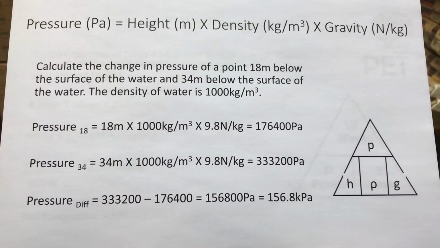That I think is one of the hardest questions that you may have looking at this, where you've got one situation, another situation, and it's finding the change in, rather than just a straightforward what's the pressure at 18 metres. Hope you found that useful. Thank you.